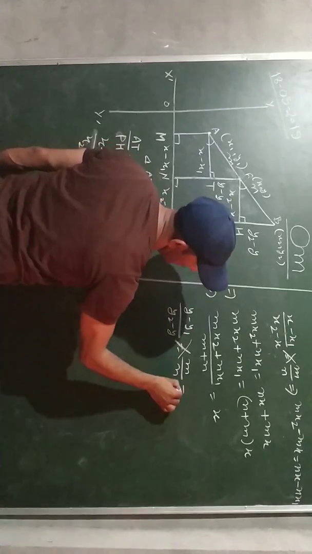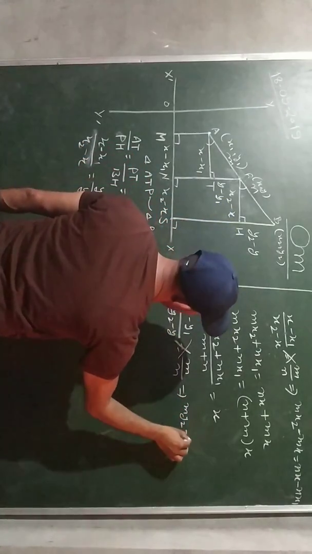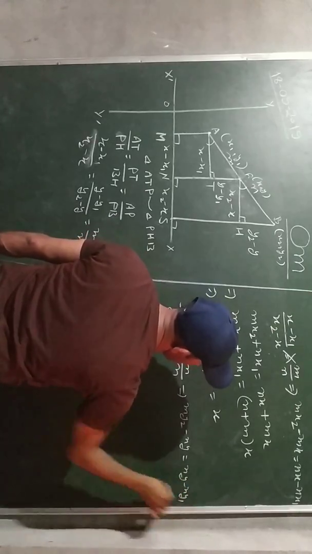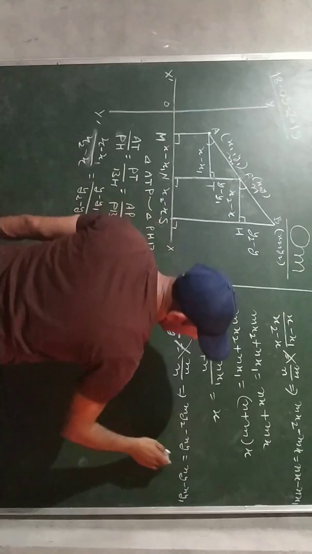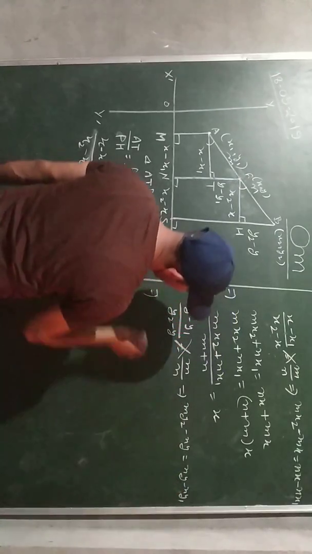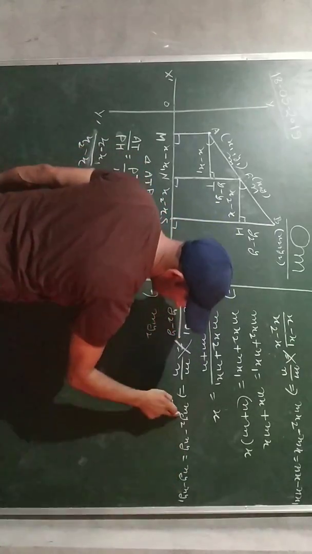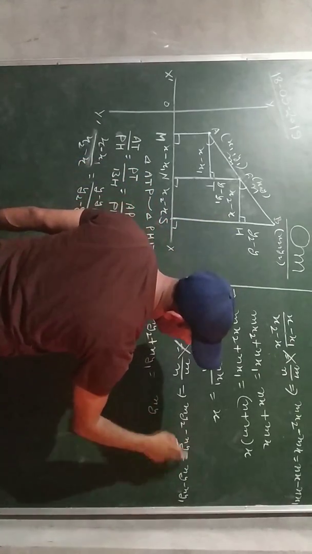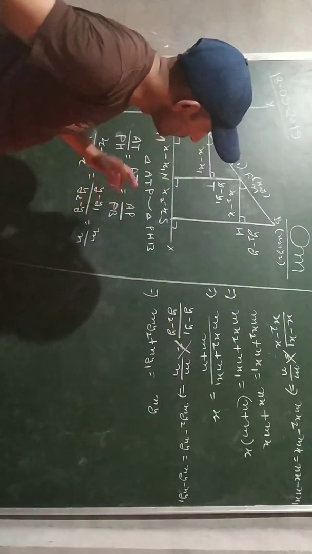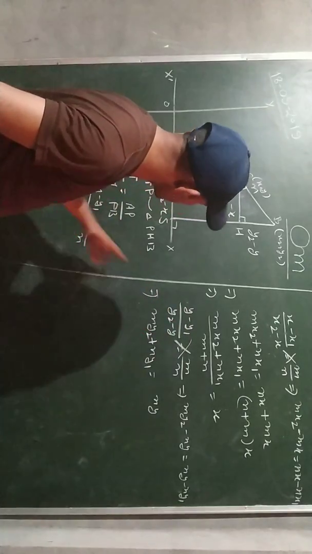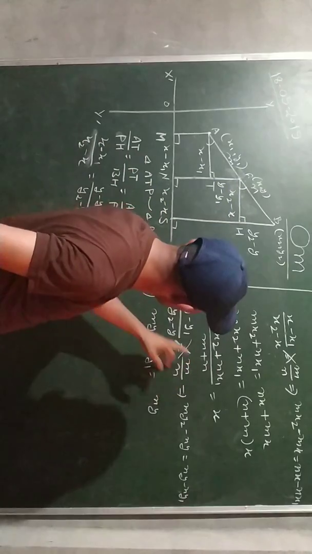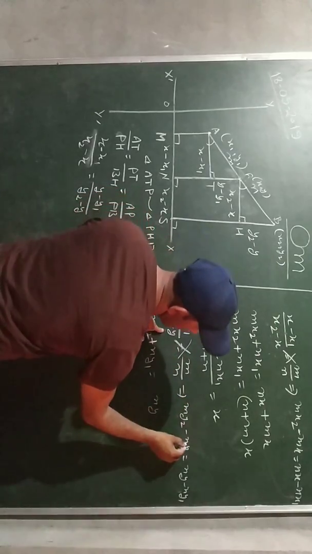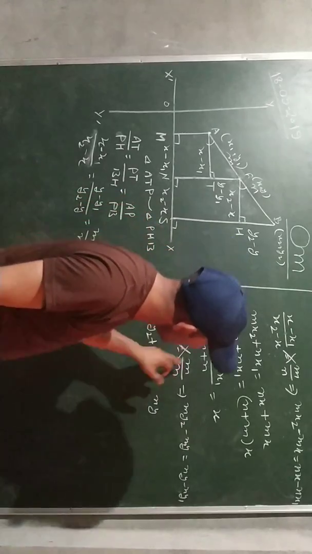By cross multiplication, this implies m y2 minus m y is equal to n y minus n y1.